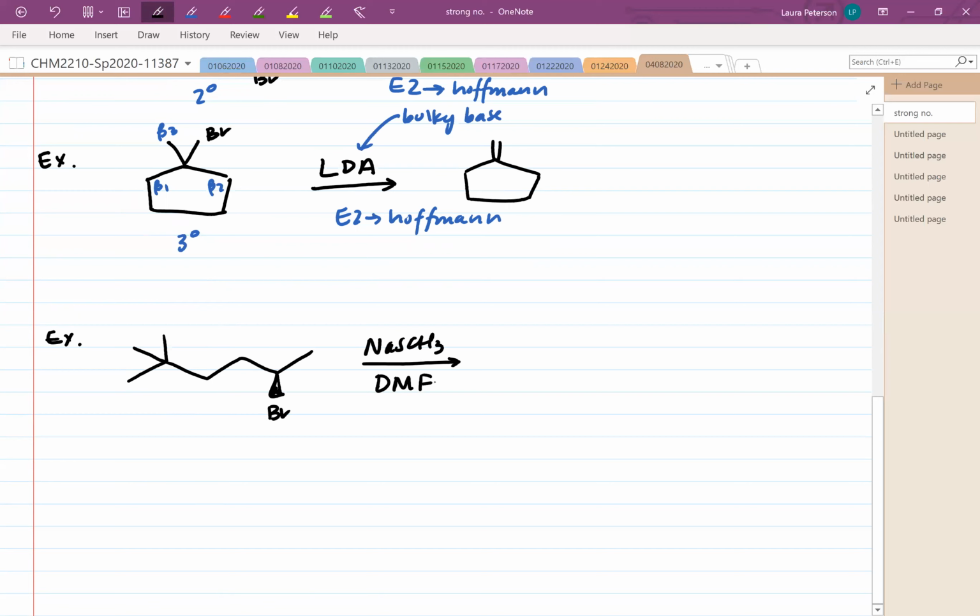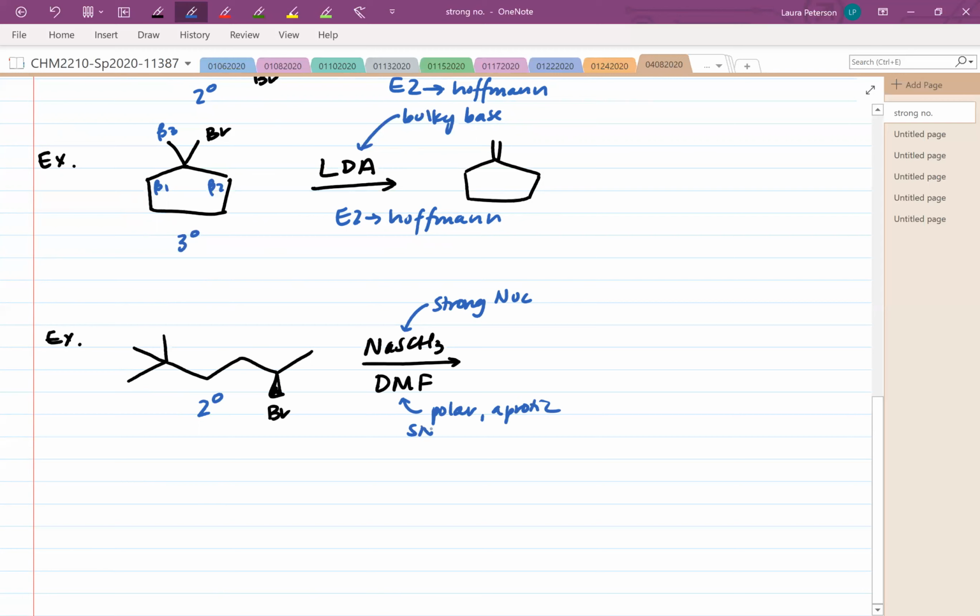That was one of our polar aprotic solvents. Okay, so here I have a secondary halide, which could go by any of the reactions. So sulfur anions, those are strong nucleophiles, but they're not particularly strong bases. The pKa of their conjugate acid is less than 11. And so we would expect this then, especially coupled with this polar aprotic solvent, to lead us to an SN2 reaction.